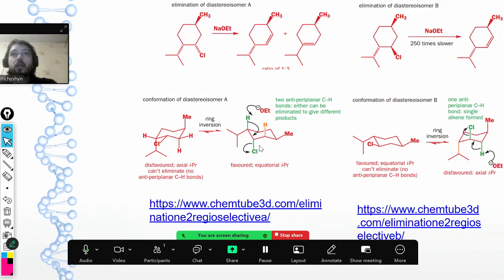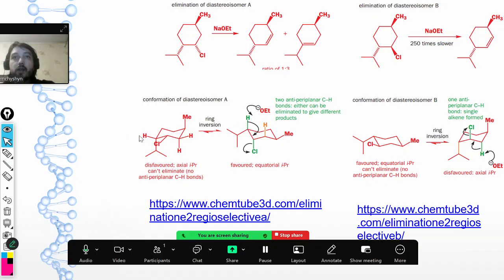I will not get into that, but once again, a reminder that everything depends on the conformation, and we want our molecular orbitals to be positioned appropriately. So we should have our bond to the hydrogen and to the chlorine. We want them to be parallel, and that is possible only if they are in axial position.